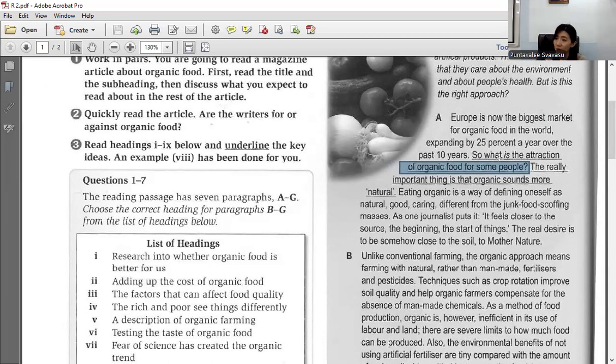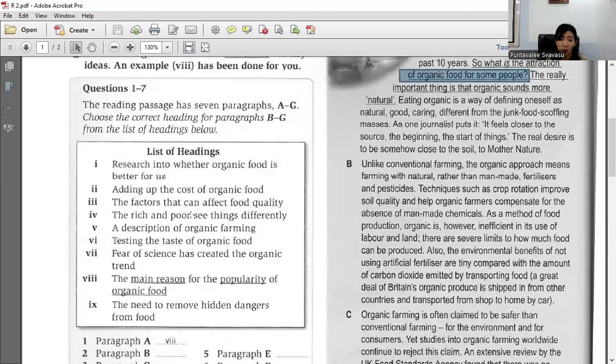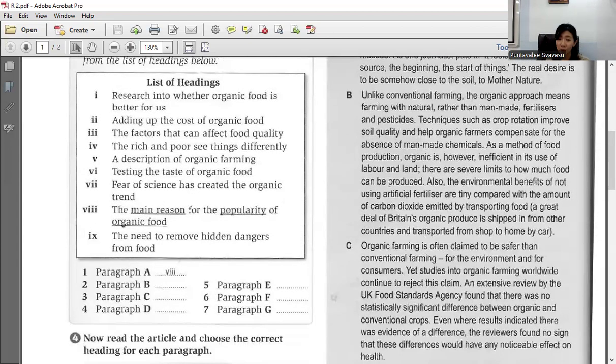This is what they try to answer, right? Because it sounds more natural. So the main reason for popularity means it's an attraction for people. When a lot of people are attracted, it is popular. That's why the answer is number 8, for paragraph A.